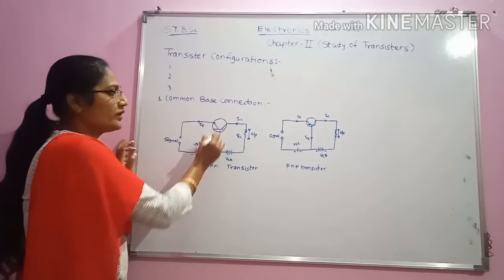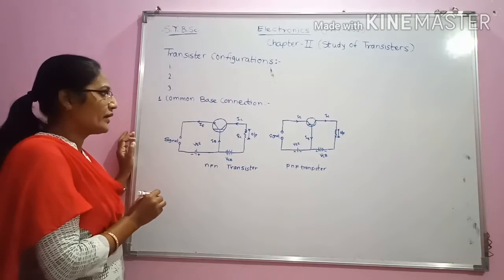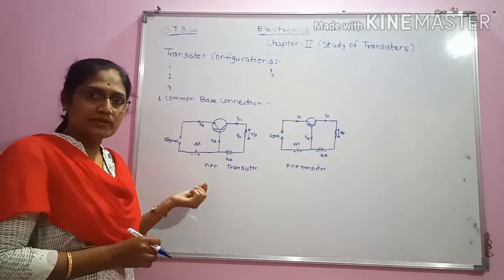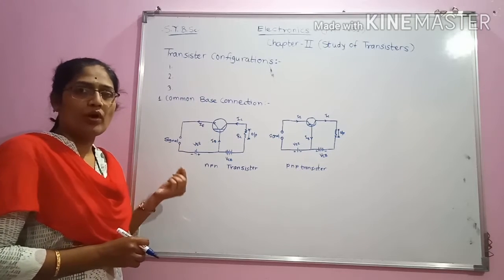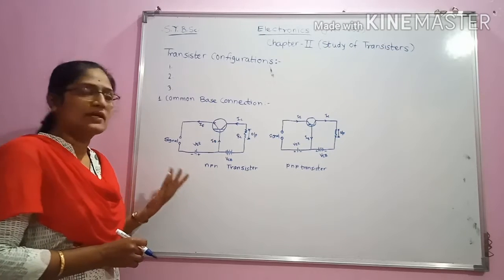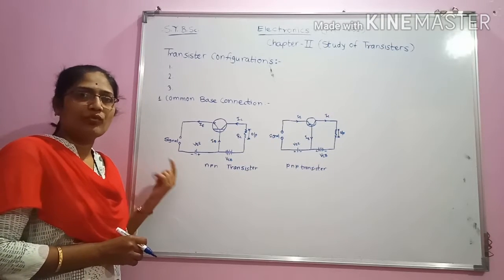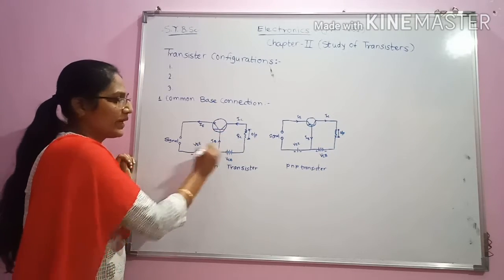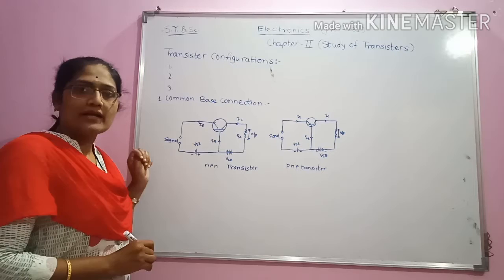So this is a three terminal circuit element, and when we connect this circuit component in a circuit, then we require four connections, and in order to get four connections we have to take one of the connections as a common.